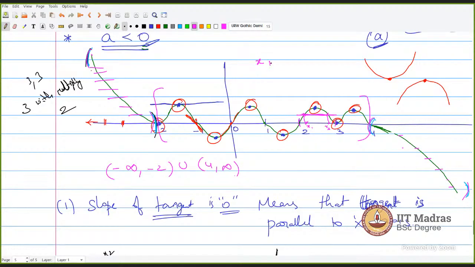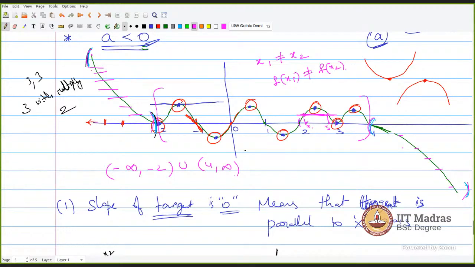So what is a 1 to 1 function? If x1 is not equal to x2, that means if I have different inputs, I should get different outputs. Once I take 2 distinct inputs, I should get 2 distinct outputs. That is what 1 to 1 says.